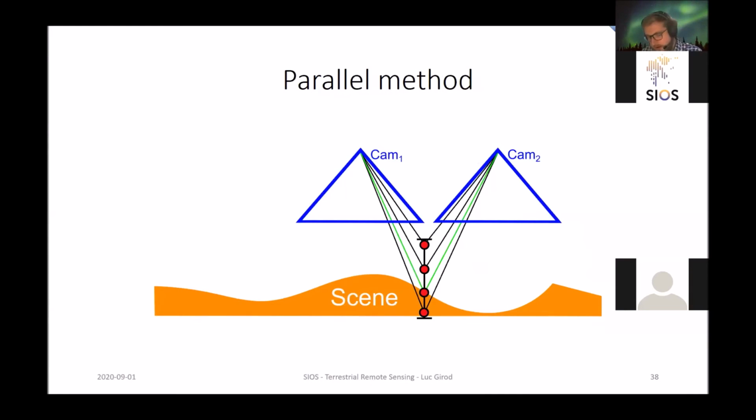So in the case of the parallel method, we don't really have an image that's going to see a large part of the scene. And so what we do is we completely flip the problem over, and we actually try to look, for each point in XY of the scene for a grid that we predefine before starting the correlation, for the elevation at which we find the same patch in all the images that see this.